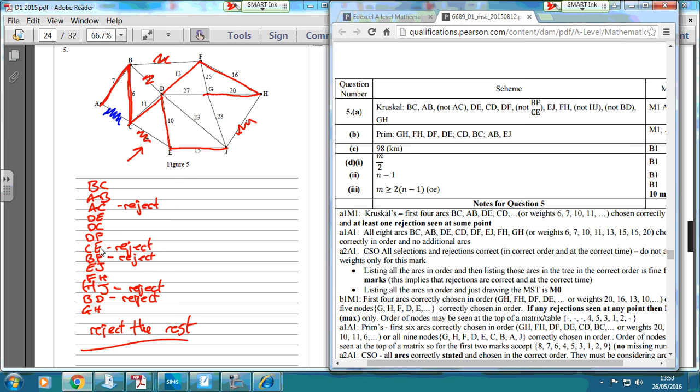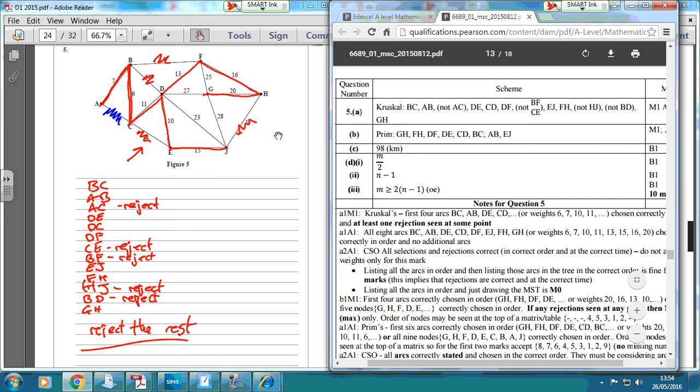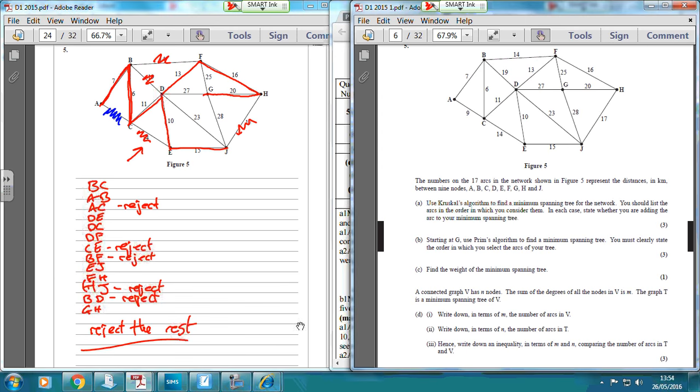Next one was EJ, FH, not HJ, not BD, and then GH. They haven't listed any others. So now what we've got to do is Prim's algorithm.